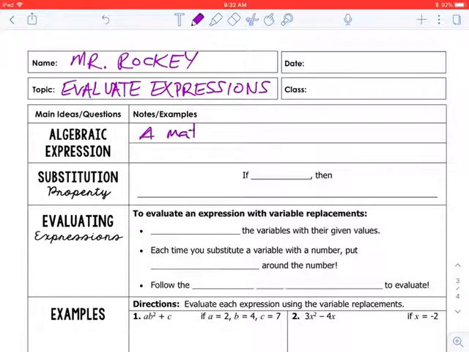A math phrase. So it's a set of a bunch of things.